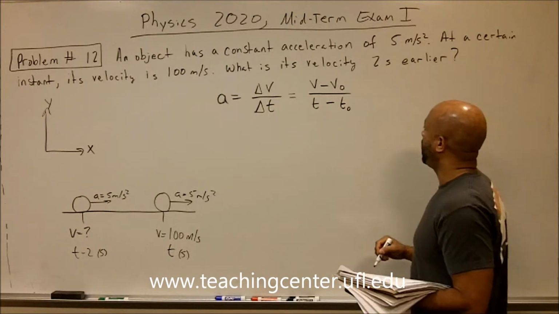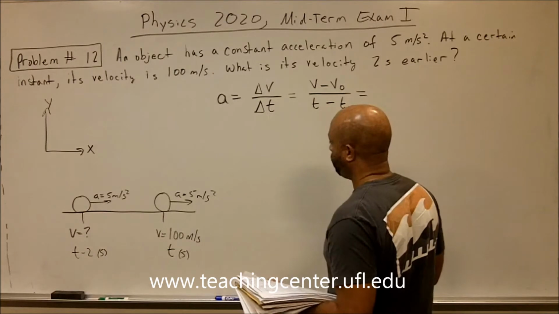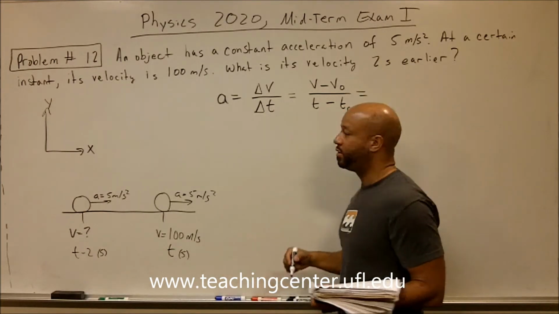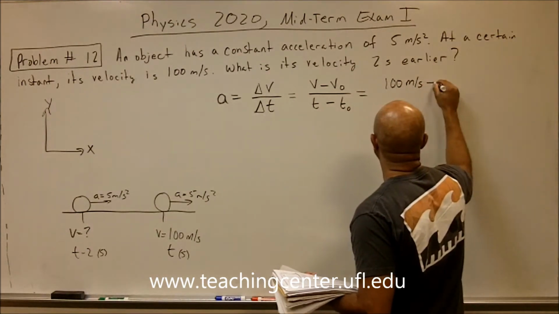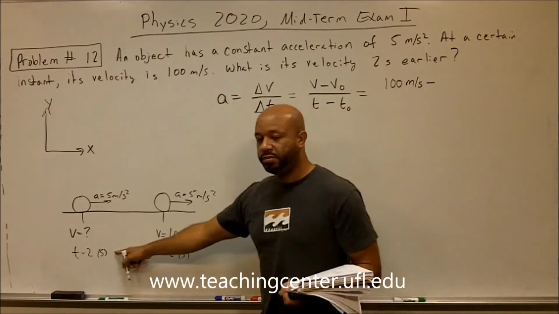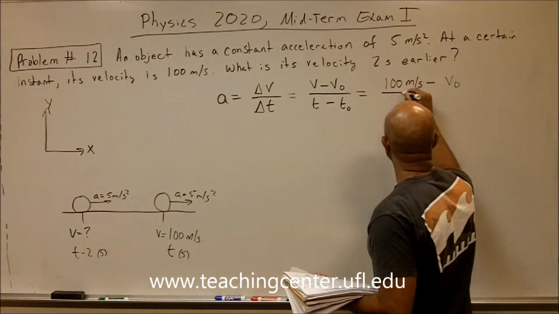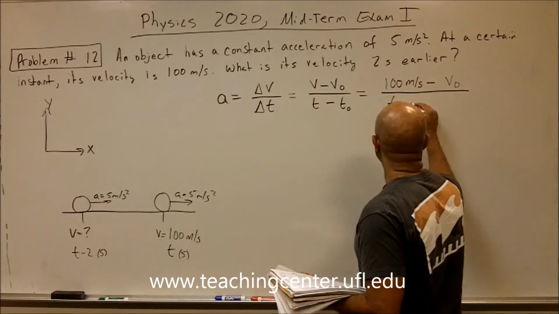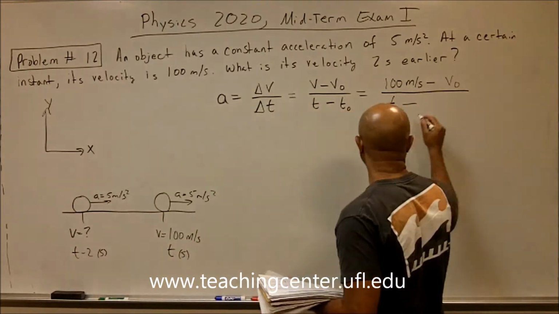All right? So we can substitute in the information. The final velocity, at time t, is 100 meters per second, minus your initial velocity, which is at time t minus 2, which we don't know, we're trying to determine. And the final time is t minus the initial time, which is actually t minus 2.